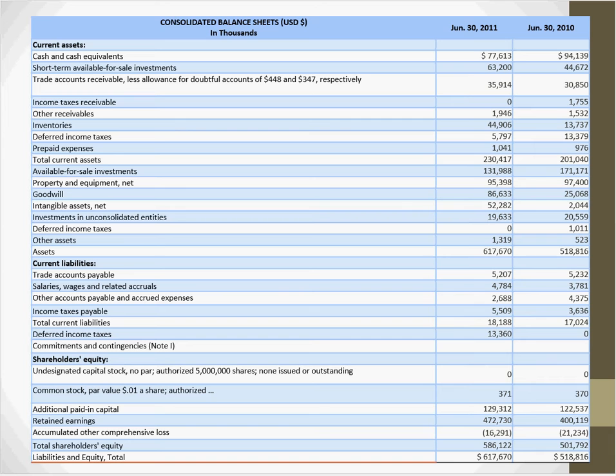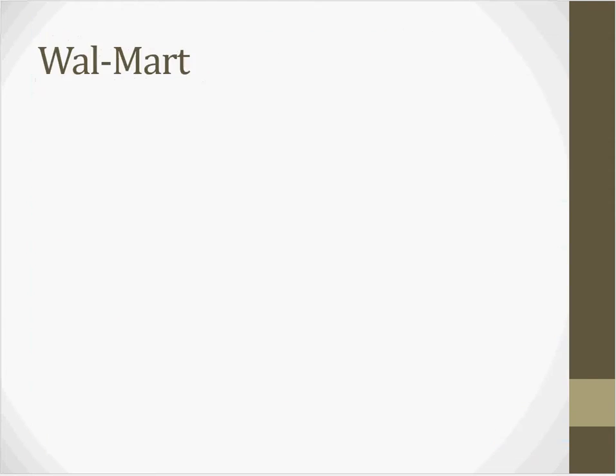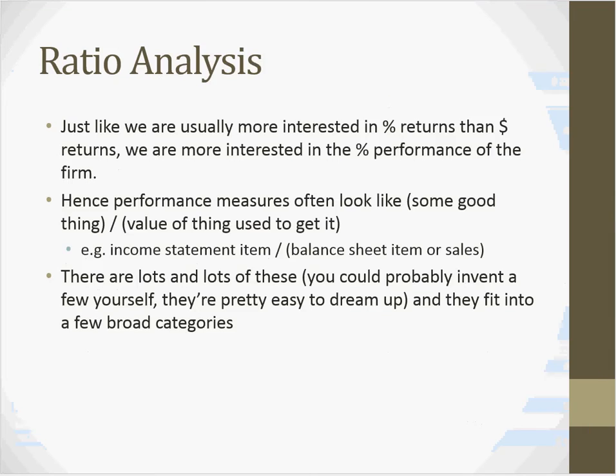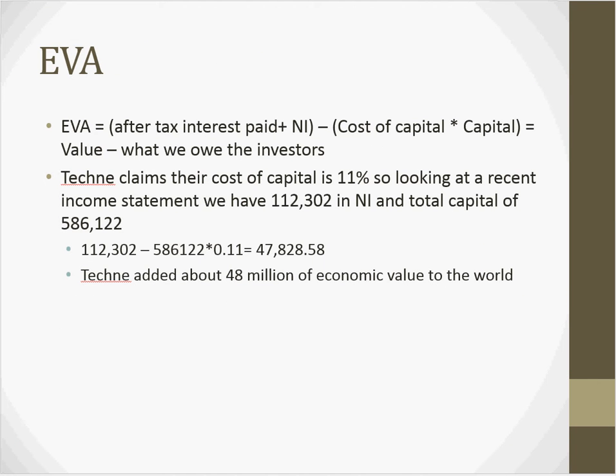So for Techne, we take that $586 million and multiply by the 11% required return. And you can see we'd get a little bit bigger than $60 million of expected payments to stockholders by Techne. Since we actually have $112 million, that's a significant positive difference.